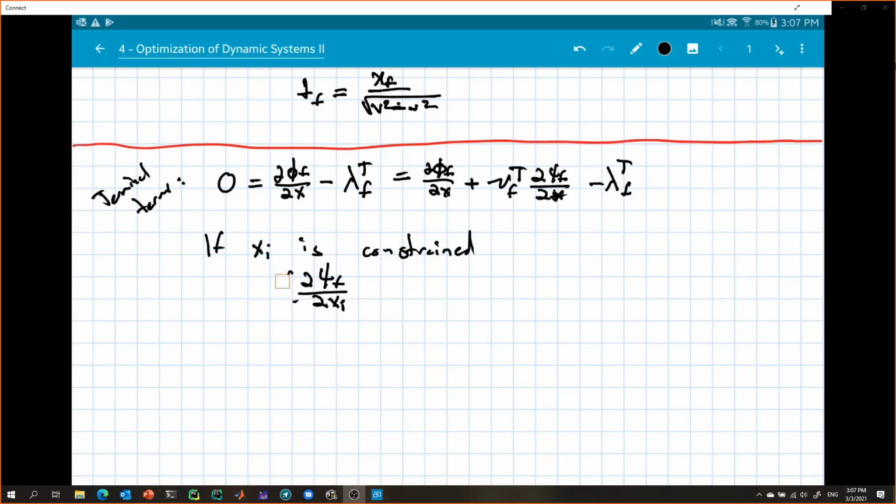So the partial of this, I guess it ends up being the same, but basically, if this is constrained, this partial is not equal to 0. So lambda F comma i is equal to 0.